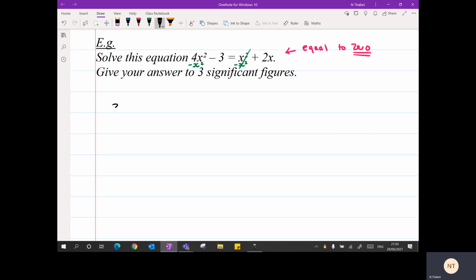So I now get 3x squared. I also have to take away the positive 2x, and I take it away from here. There are no like terms, so it will simply appear as negative 2x. And then I have the constant term, minus 3 equals 0. So that's my first step. I've rearranged and the equation now equals 0.